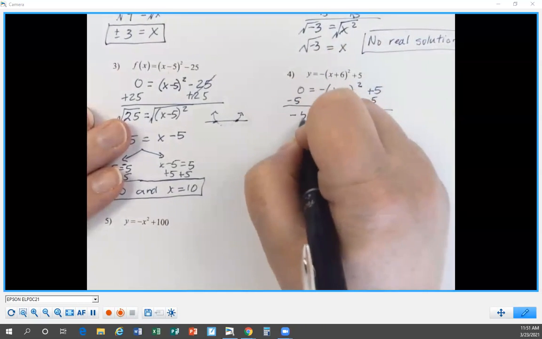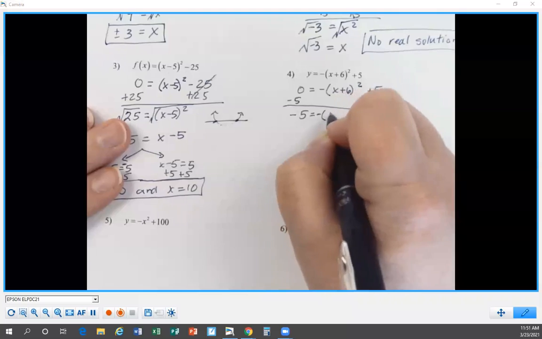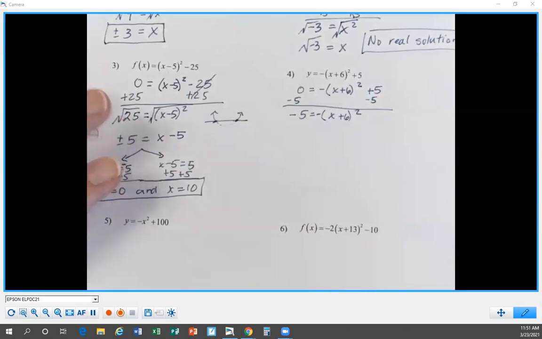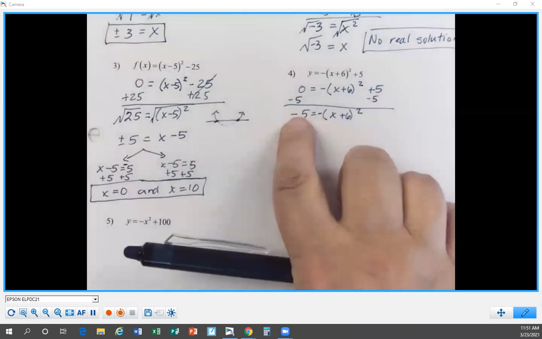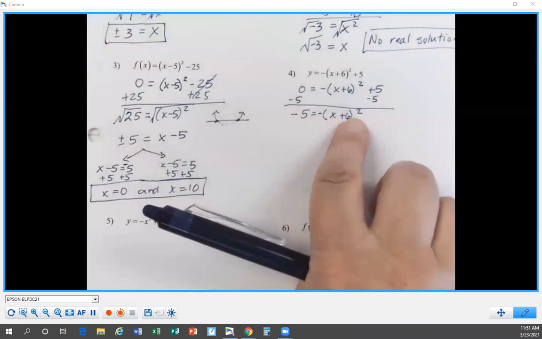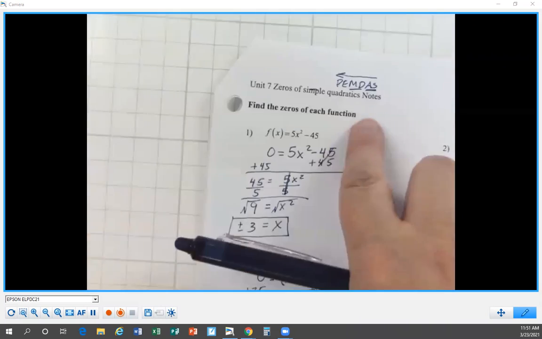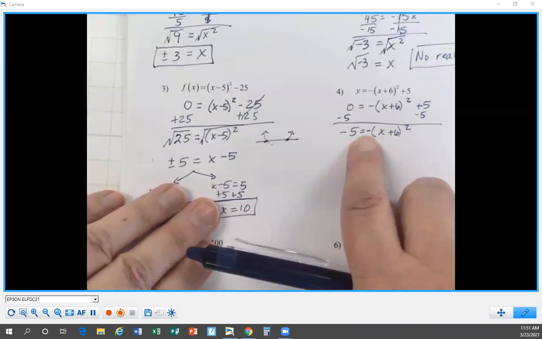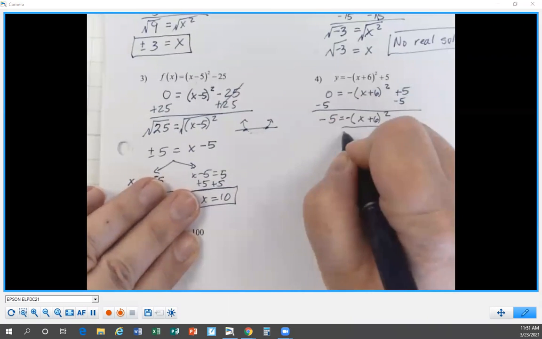This gives us negative 5 equals negative quantity x plus 6 squared. Okay. I don't want to have the negatives here, so this is actually my multiplication and division. So this is all being multiplied by a negative 1. So I want to divide that out, divide by negative 1.